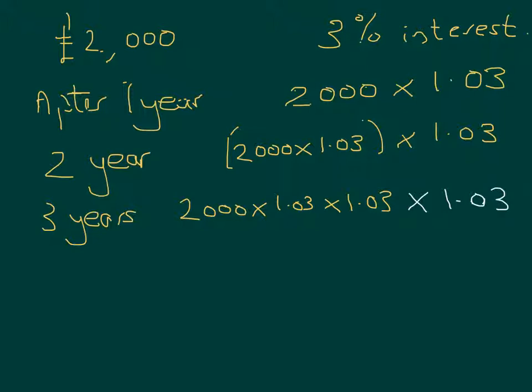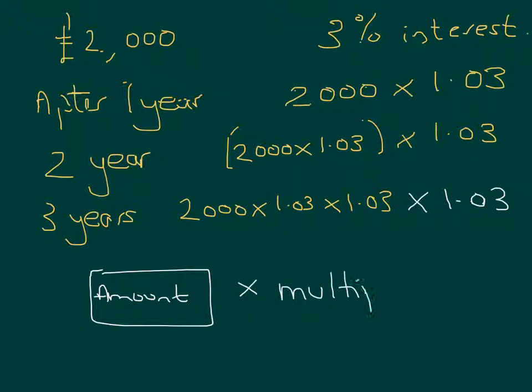And very quickly you will see that to find compound interest, you take the amount that you've invested, if you like, so your original amount, you times it by your multiplier, so in this case that was 1.03, to the power of n, where n is your number of years.